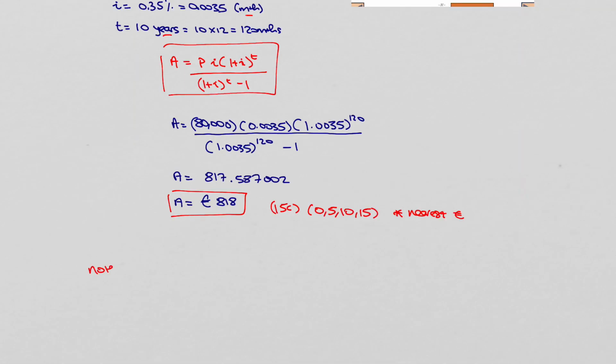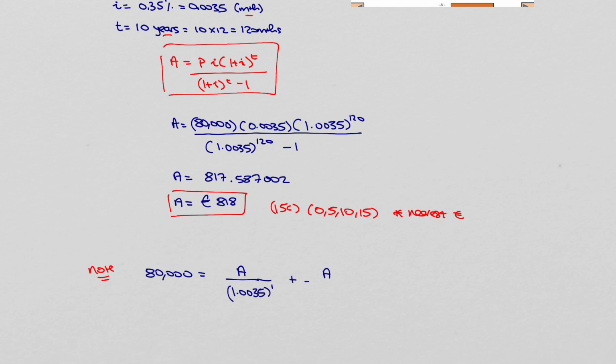So just as a note, if we had done it as a geometric series, then we would have had 80,000 is the sum of the discounted amounts of the future payments. So in other words, we'd have to discount back each repayment by a month each time. So the first one would have earned interest, so we would discount it back by 1 month.